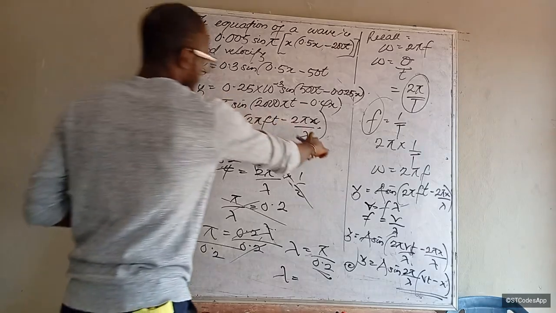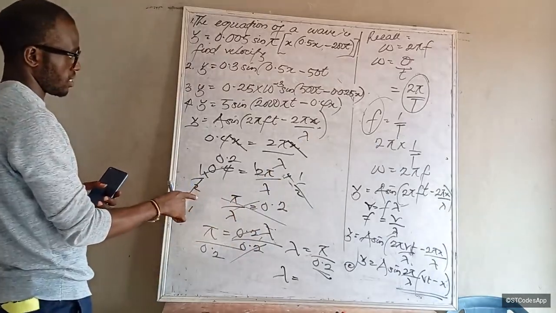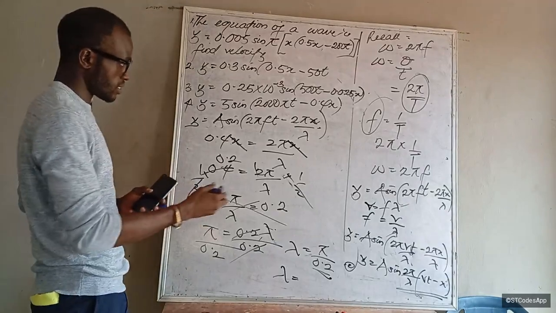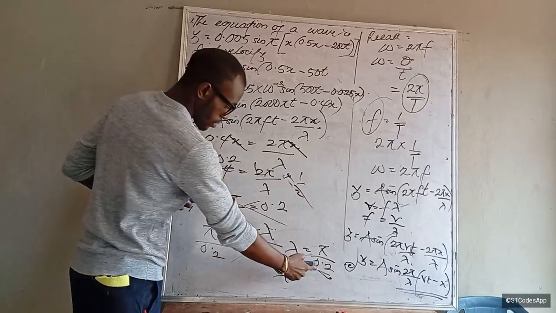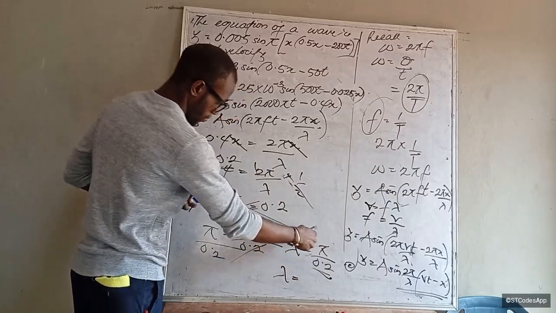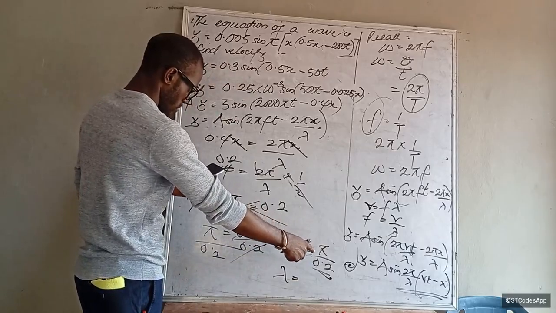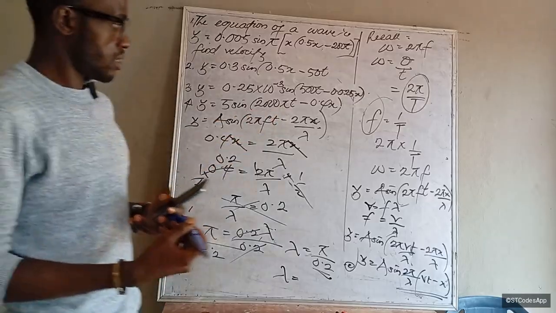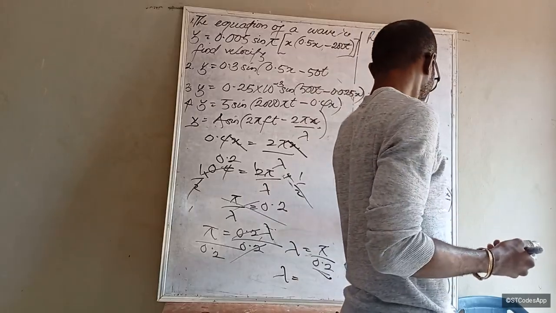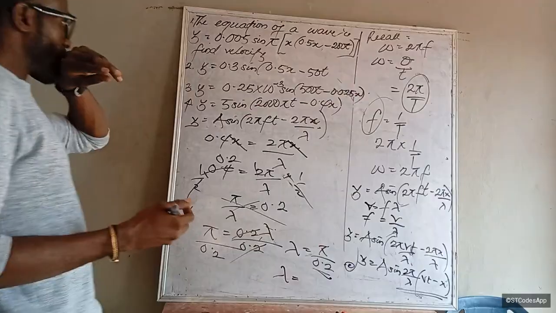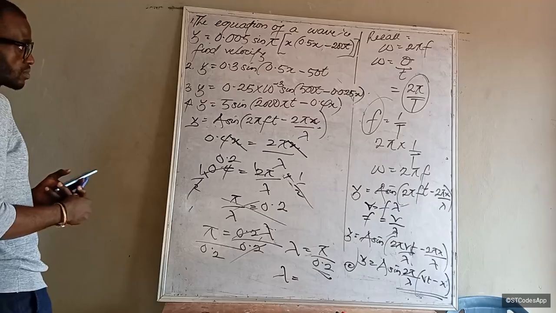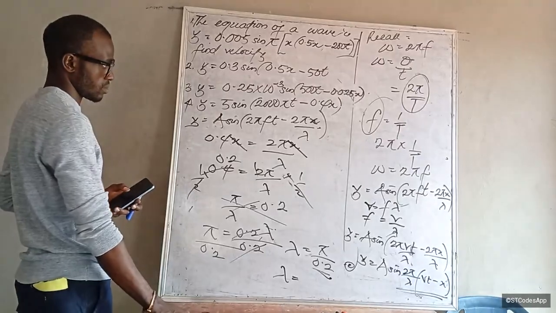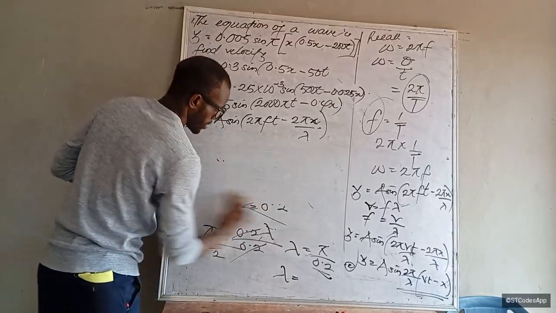Two pi x over lambda here. Let's do it again.